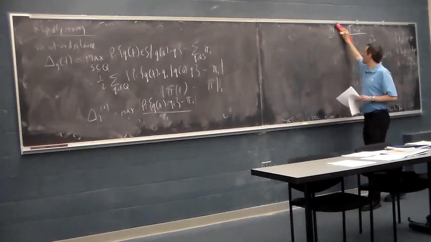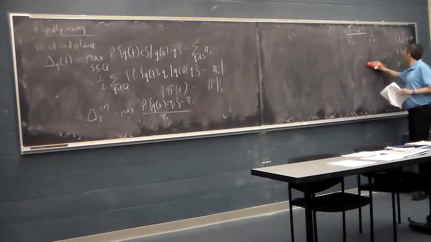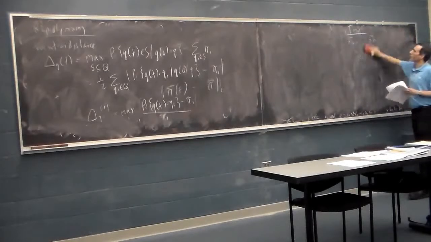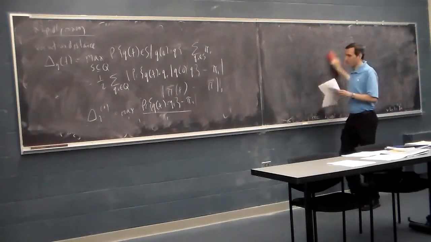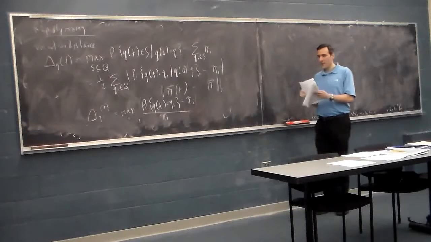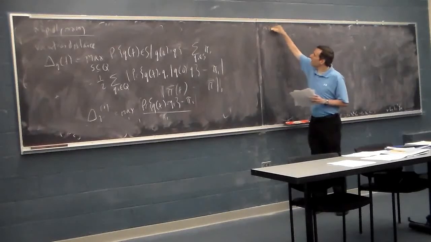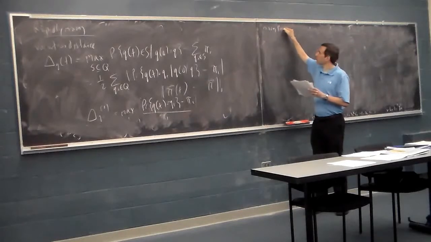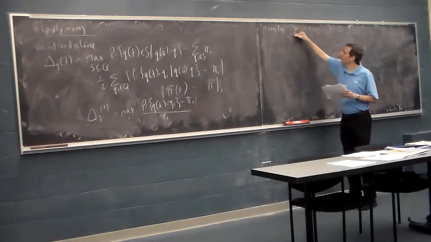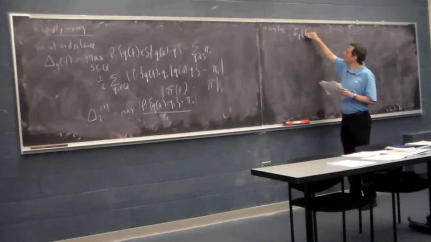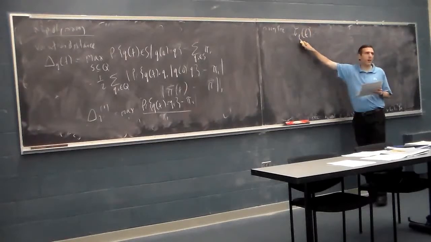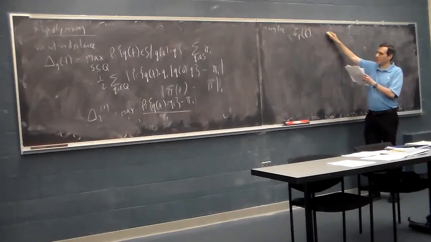However we define this, we can use it to come up with a more rigorous and more algorithmically useful definition of the mixing time of the Markov model, which we define as follows. We formally define the mixing time to be tau sub q of epsilon, so it's parameterized by state q and a distance epsilon.